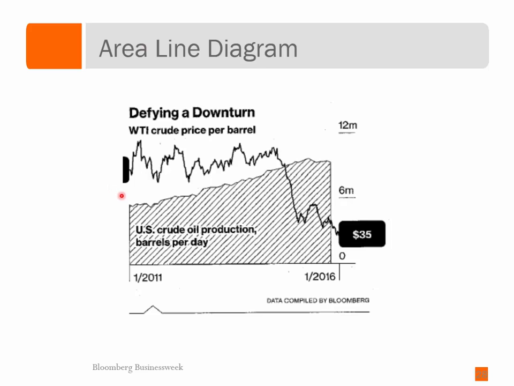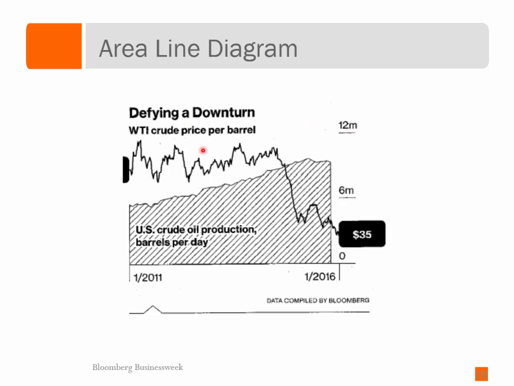So here we have U.S. crude oil production in barrels per day. And so we see that's climbing all the way through 2016. Our timeline, basically our x-axis, is our arrow of time, 2011 to 2016. And then our y-axis is million barrels of oil per day.